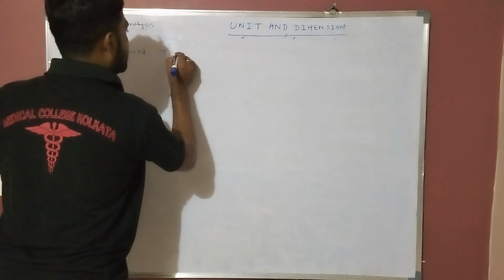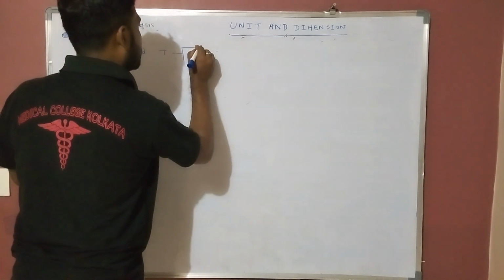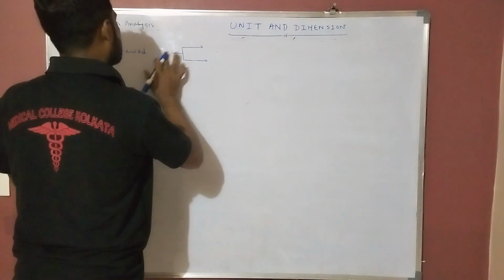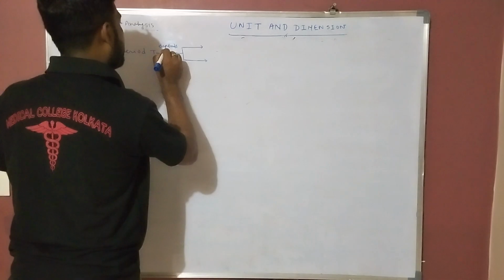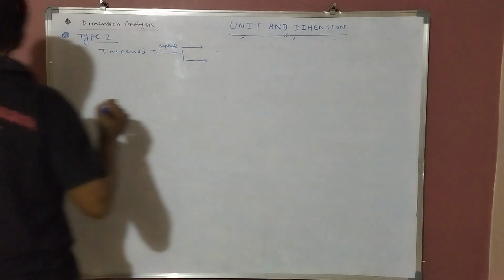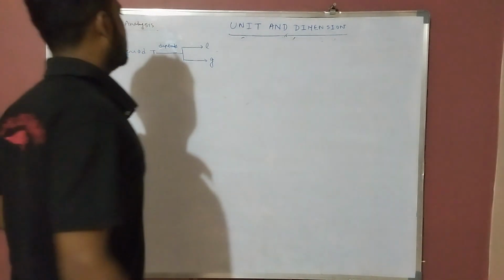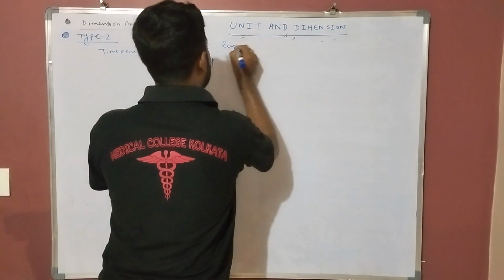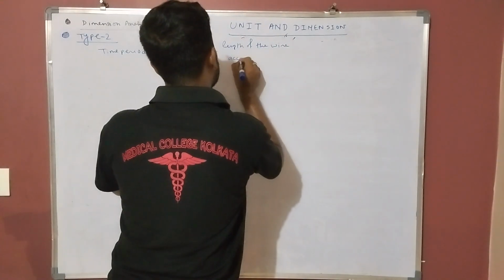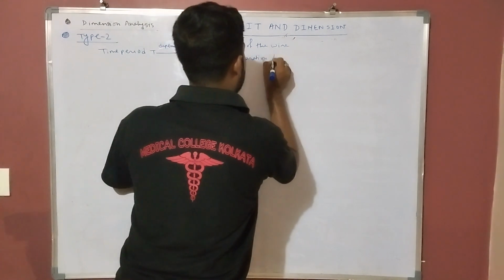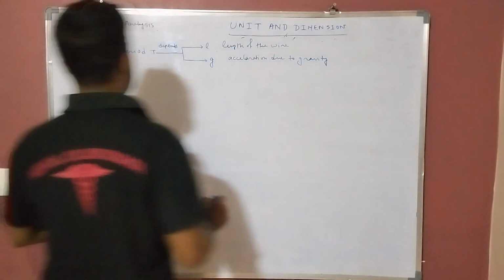Time period T depends on L and G. L is the length of the wire, and G is acceleration due to gravity.